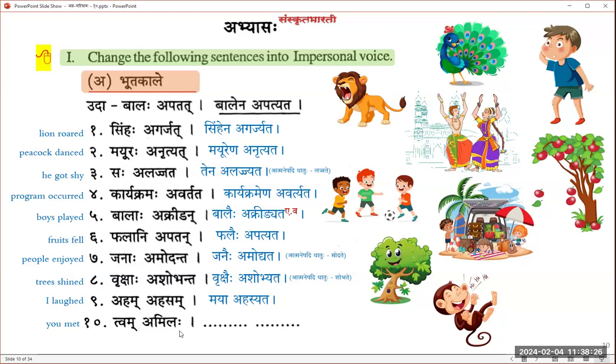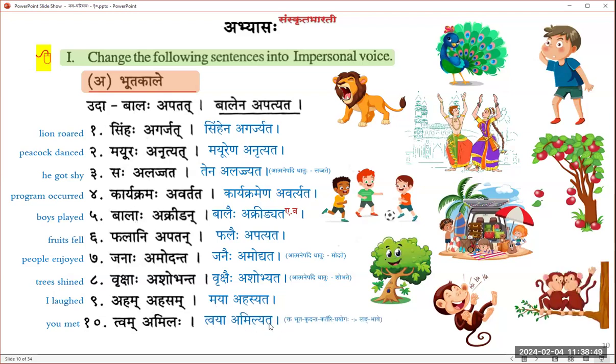They switched to kta, and because of active voice, tvam is referred to as pullinga. Somebody is telling some male person this sentence: tvam amilaha, you met. This is ktanta, amilaha. But we switch again to lang only: amilyata. So bhuta kridanta kartari, we switch to lang bhave.